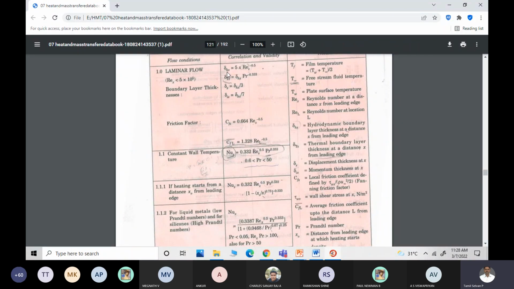The hydrodynamic boundary layer thickness is nothing but the velocity boundary layer thickness, and del Tx is nothing but del Hx into Prandtl number power minus 0.33. Is it fine, students? So for the velocity boundary layer thickness, you have to find del Hx, and for the thermal boundary layer thickness, you have to find del Tx. Is it fine?